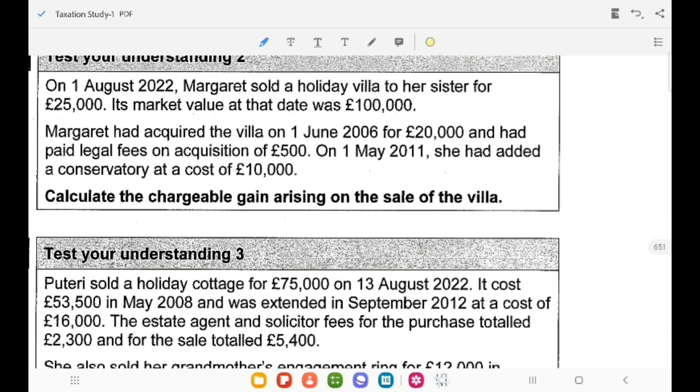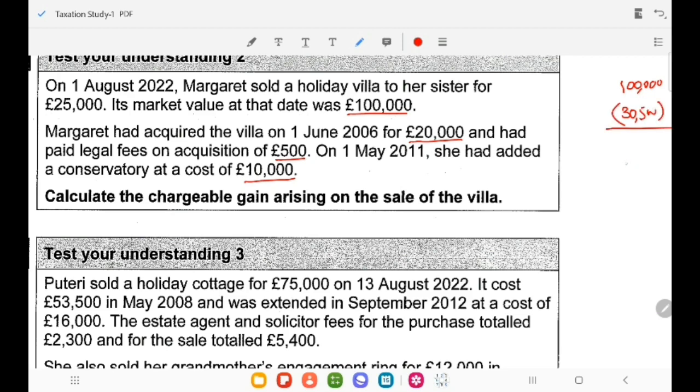So here we need to consider the market value of 1 lakh as the disposal proceed. The acquisition cost is 20,000, incidental cost of acquisition 500 and improvement 10,000. So all these costs are 30,500 in total. So from the market value sale proceed, this is to be deducted and 69,500 is your gain.